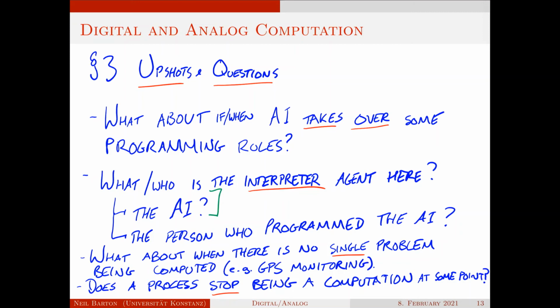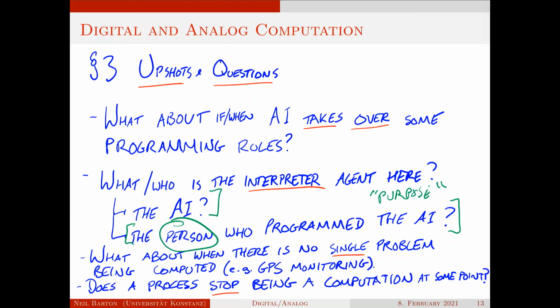Or perhaps it's the person who programmed the AI that then went on to design code for particular purposes. But in this case, where you're ascribing the interpreting agent to be the person who programmed the AI, there might be purposes, in inverted commas, that the person can't understand.